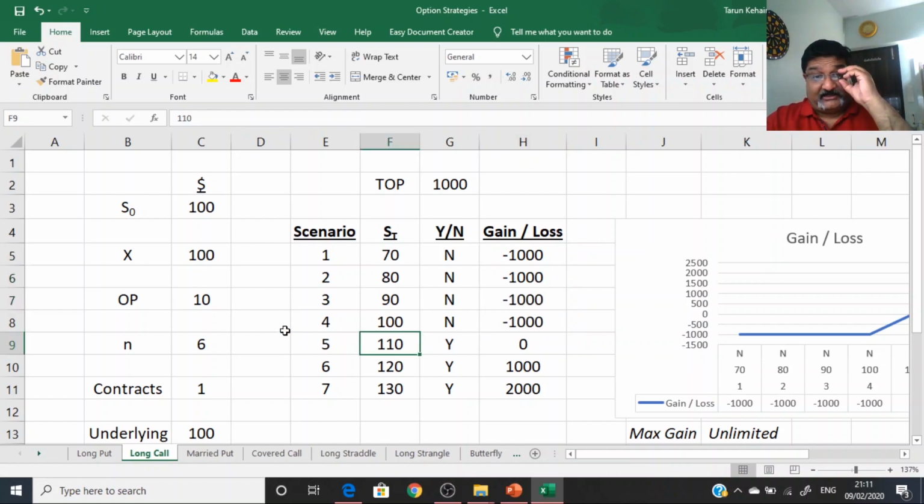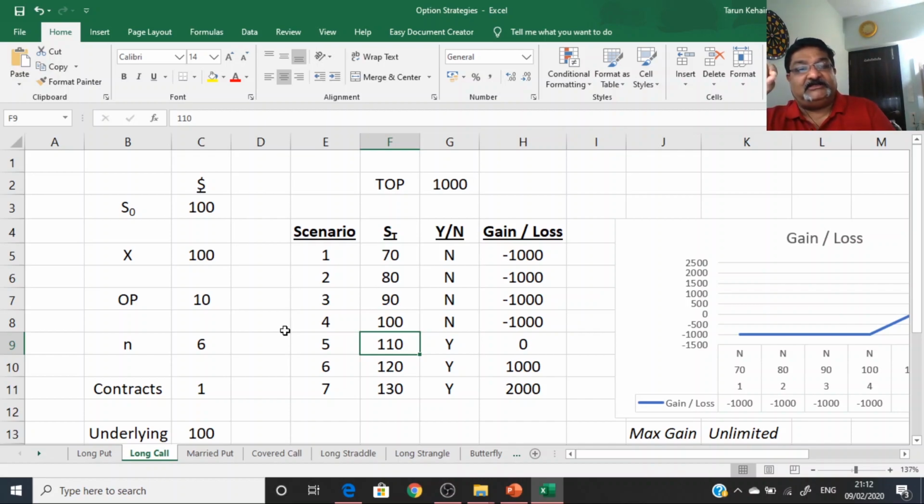Let's look at the scenario where the spot price at expiration is 110. Will you exercise the option? The answer, my dear friends, is yes. Why will you exercise? Because you can buy the underlying security at a price of 100 by exercising the call option, whereas in the open market, if you go to buy the same security, you will have to spend $110.